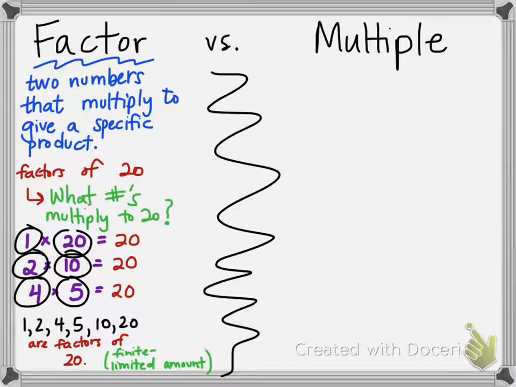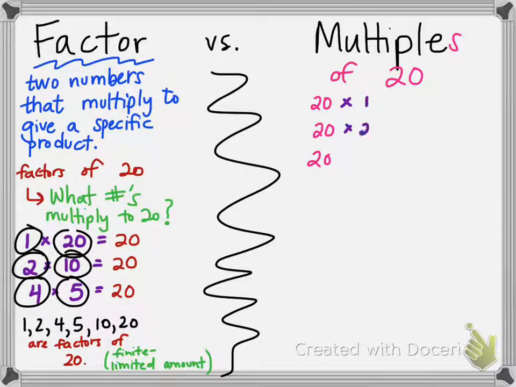A multiple, let's say that once again I want to use multiples of 20. Then what you're doing is you're actually starting with 20, and you are going to multiply 20 by any number that you want. So I'll go ahead and start with 1.